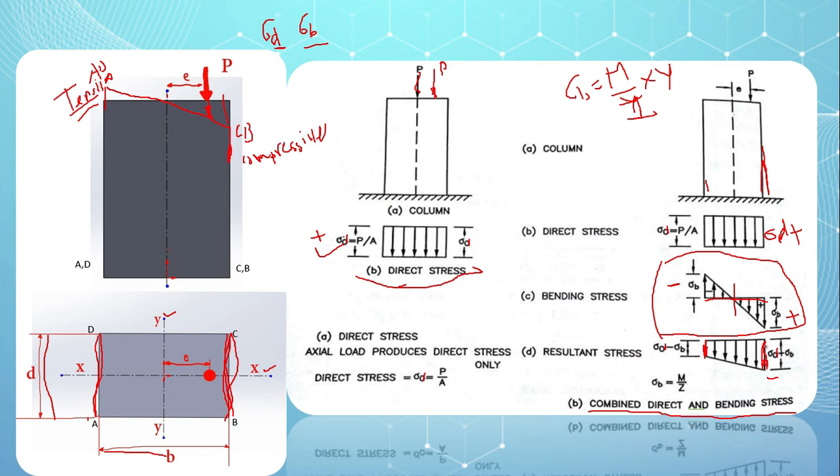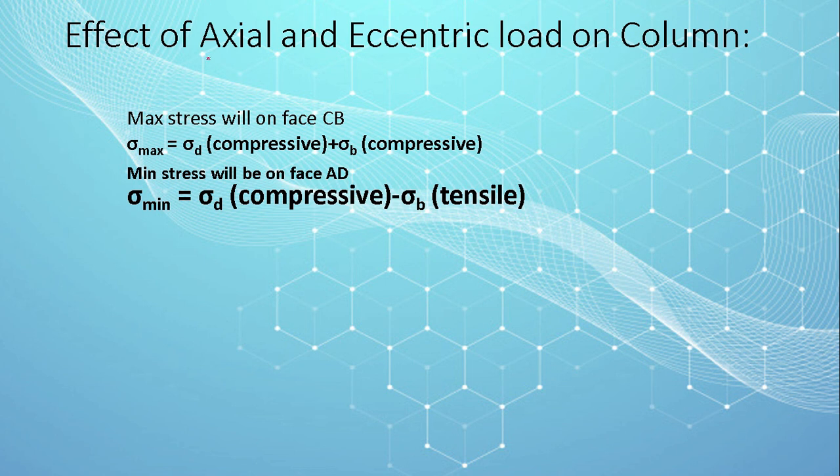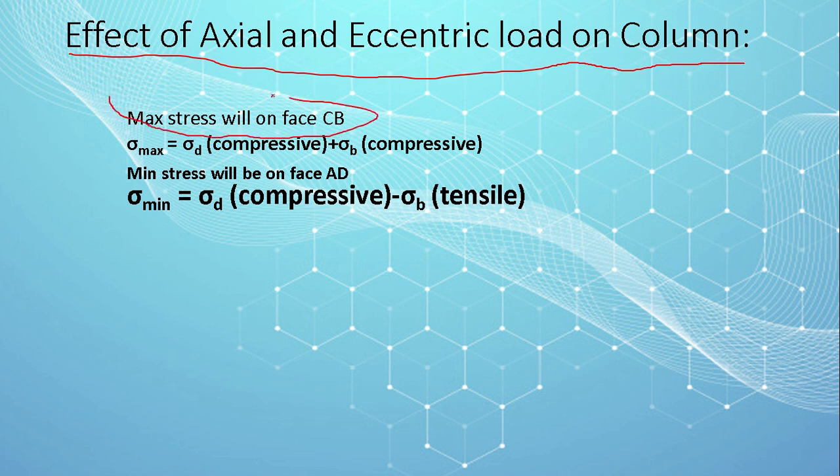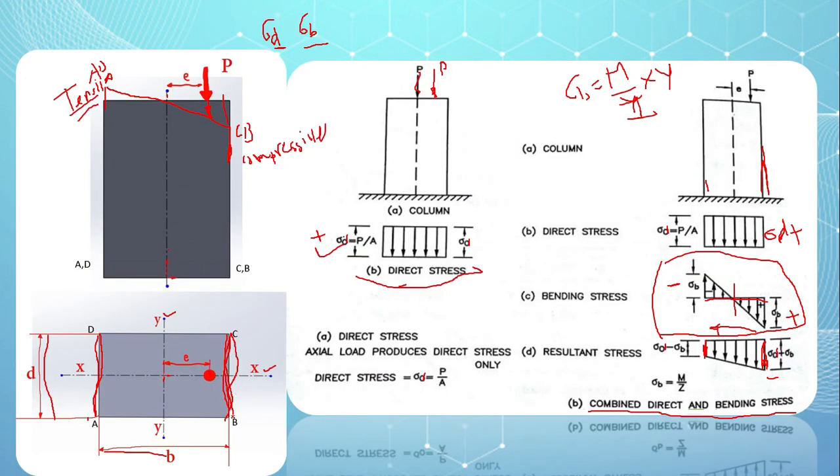As we move towards the left, the stress gets reduced. So for the effect of axial and eccentric load on a column, maximum stress will be on face CB.